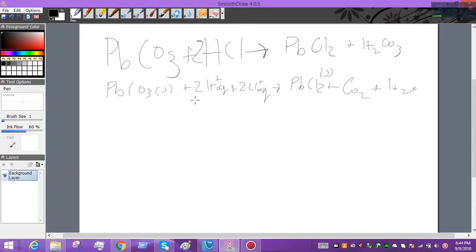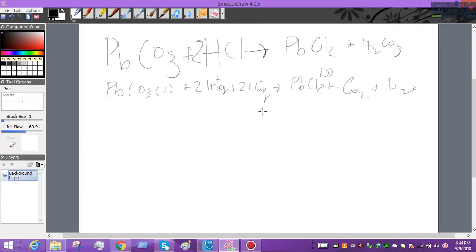It wants a net ionic reaction, and the net ionic reaction is the things that are chemically reacting. Our carbonate is obviously changing since it no longer exists, our lead is still reacting, and our water, which is produced, is still reacting.